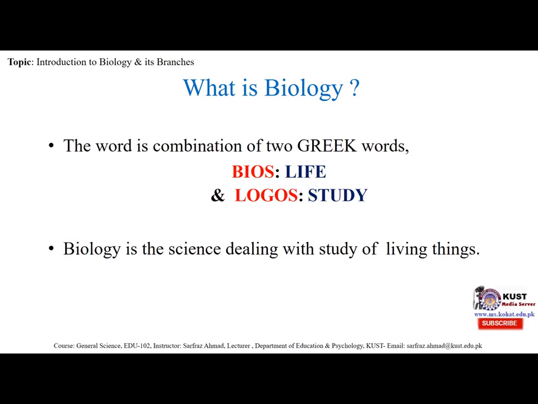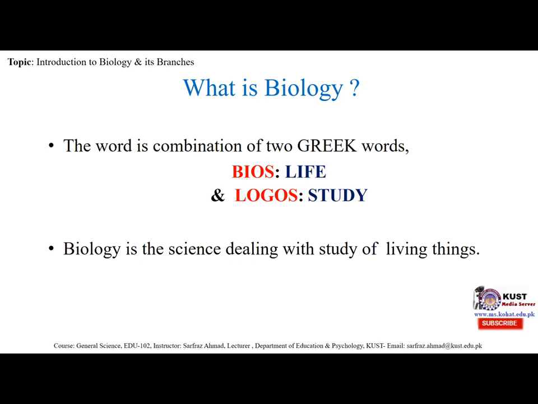We all know that this word is a combination of two Greek words. Bios means life and logos means study. So we can say that biology is the science dealing with the study of living things.